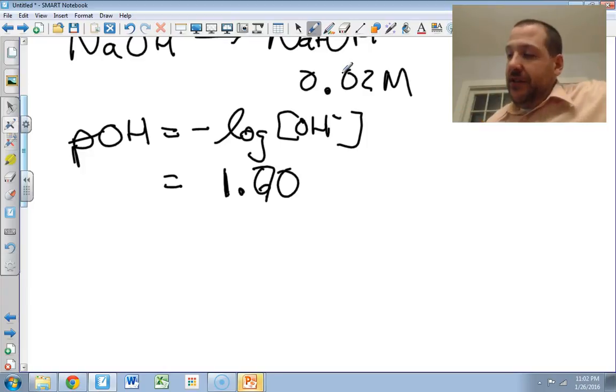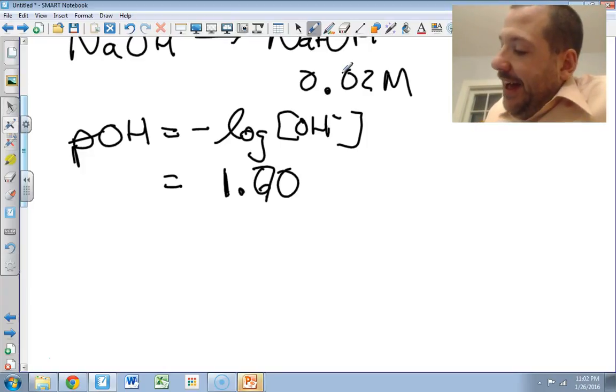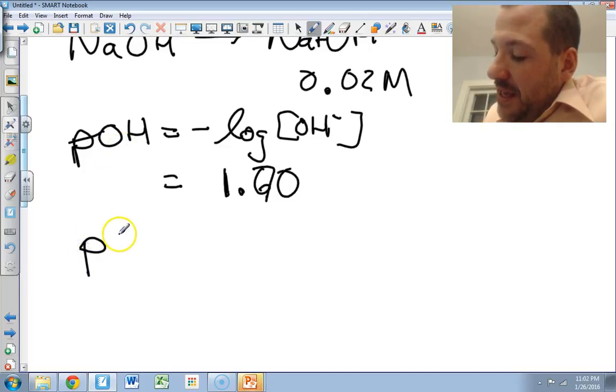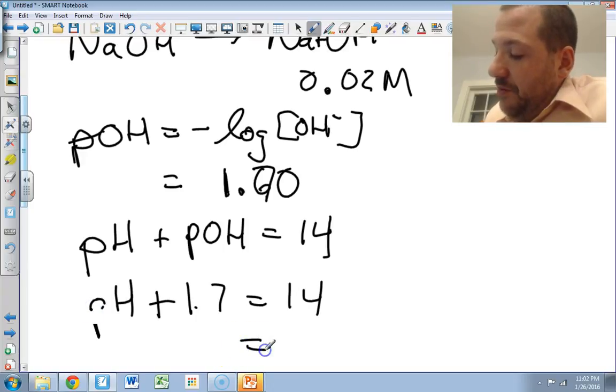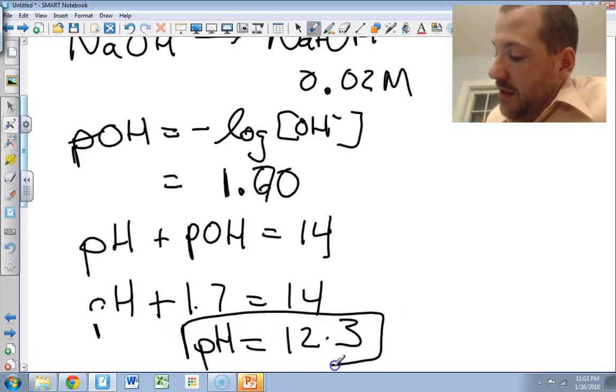So pH plus pOH equals 14. Do we have the pOH? Sure. 1.7 equals 14 minus pH. So when we do that, we get pH equals 12.3. And that's a basic pH.